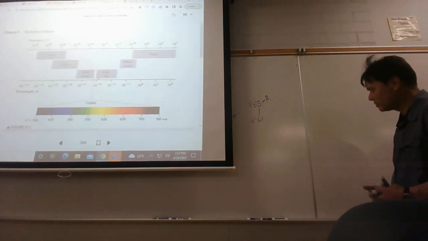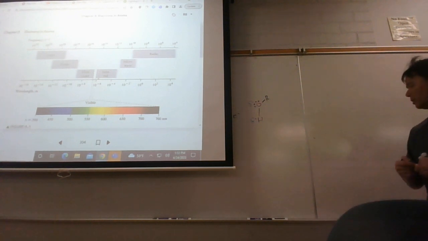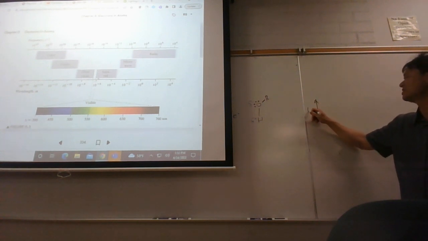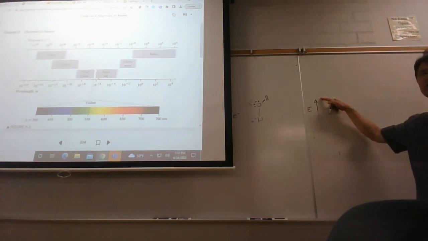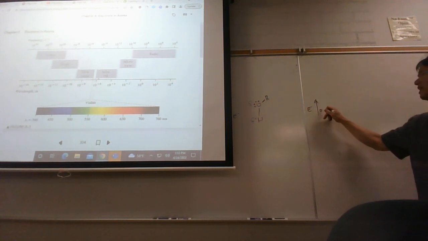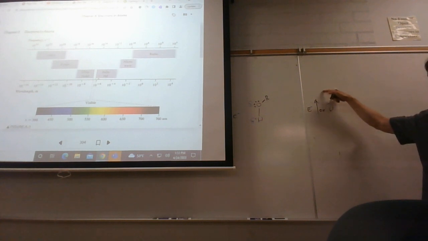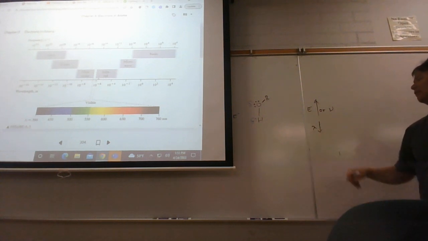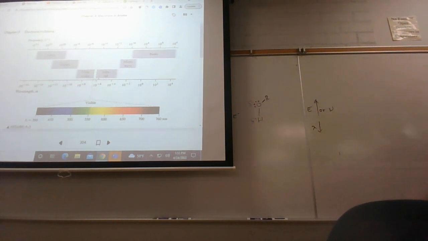So what's the lowest energy electromagnetic radiation we're going to worry about? We'll put energy this way. As energy goes up, what happens to frequency? It goes up. So energy and frequency are both going to increase going up. What happens to wavelength? It goes down. So lambda is going to go down as we go up.